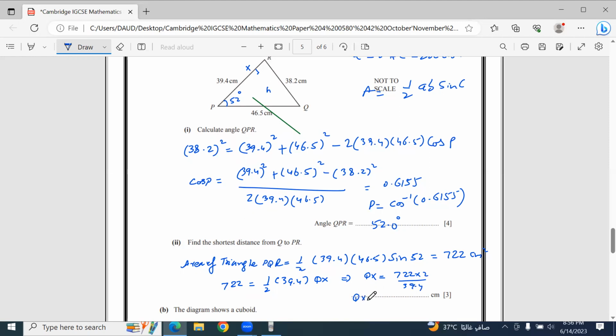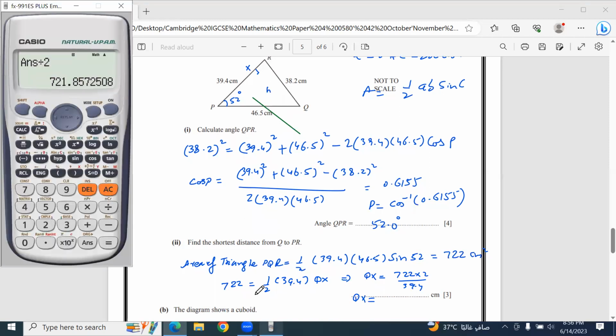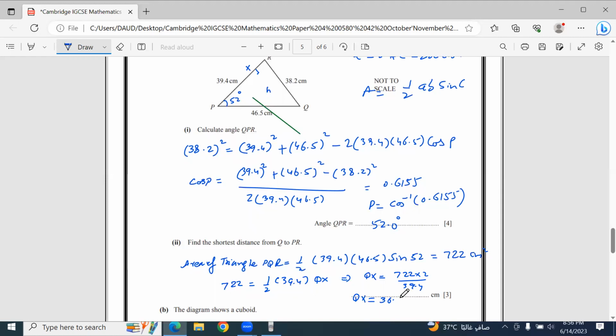That is the answer for QX, the shortest distance. It gives me 36.6 to 3 significant figures, 36.6 centimeters. So this is the answer.